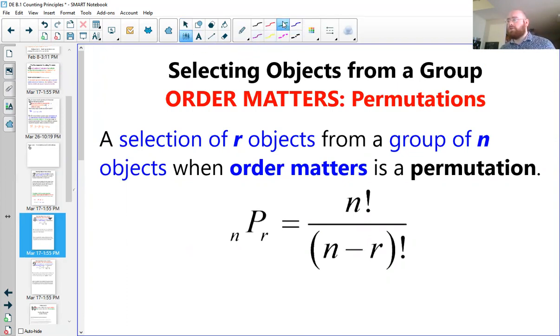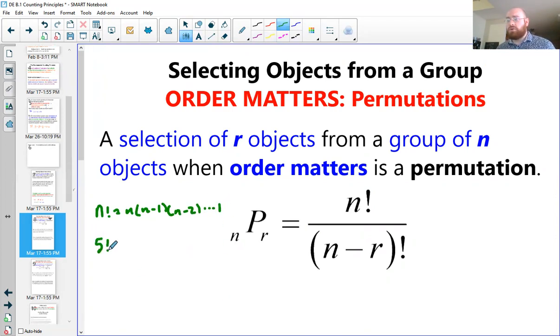You may not be familiar with the factorial symbol. So if we look at a number such as n factorial, what it means is n times n minus 1 times n minus 2 all the way to 1.